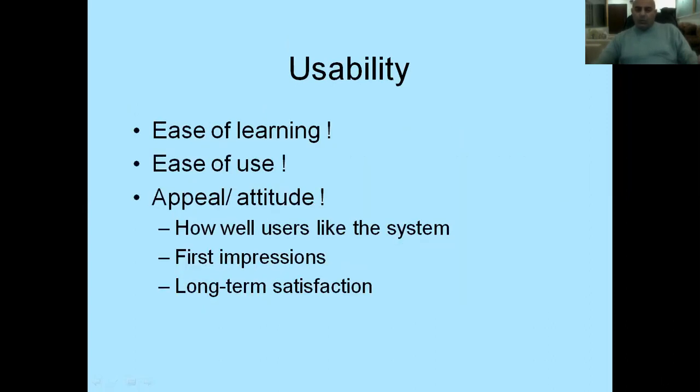Usability includes ease of learning, ease of use, and appeal or attitude. Appeal means how attractive the product is for people, how to attract users to the product which you develop. How will users like the system? First impression is very important.